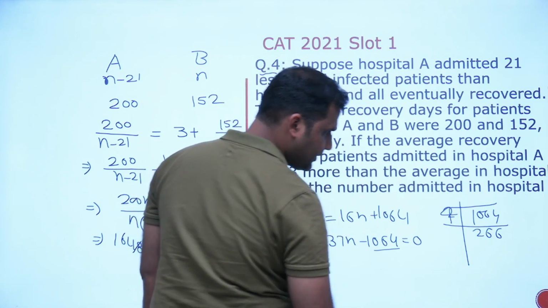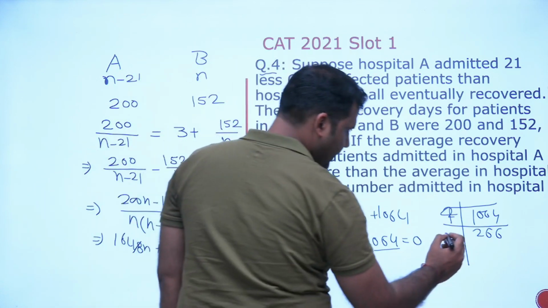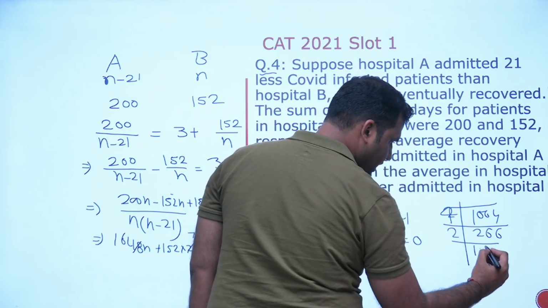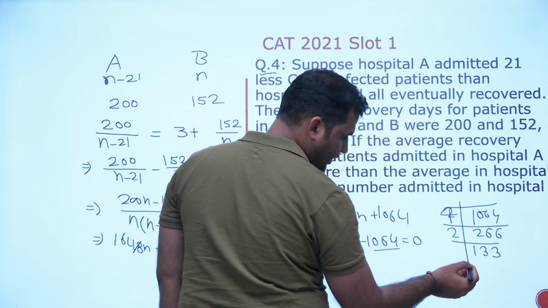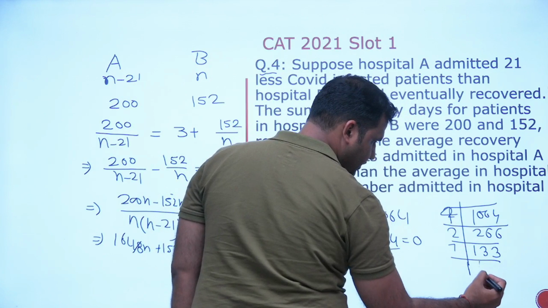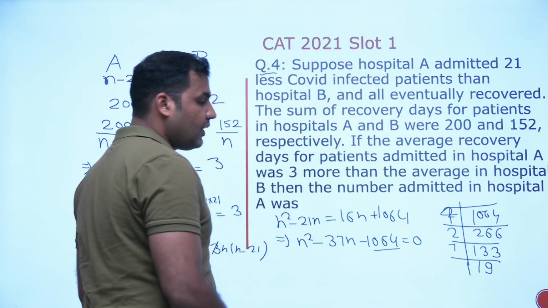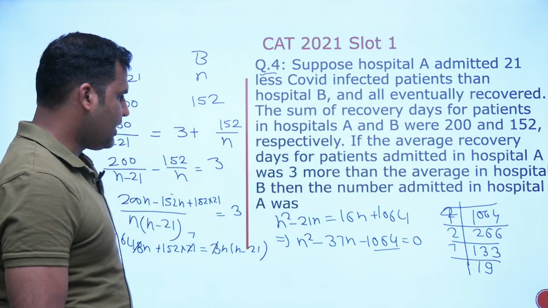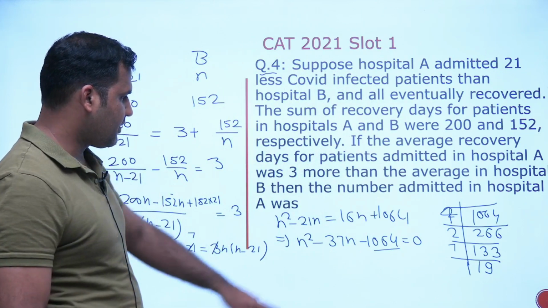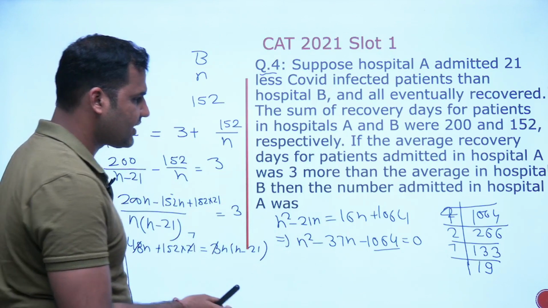Okay. Then this is 2 into 133. Okay. This is 7 into 19. 7 into 19 is also 133. Now make a combination guys जिसमें अपने को total 37 मिल जाए. Okay, yes, you will get it.